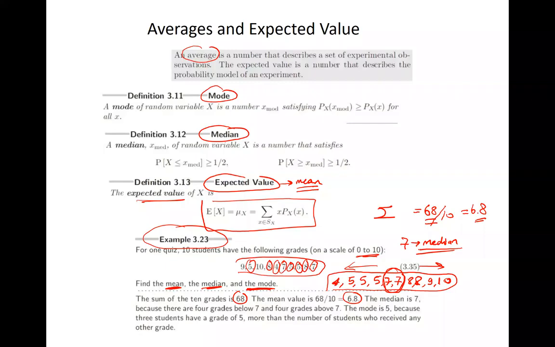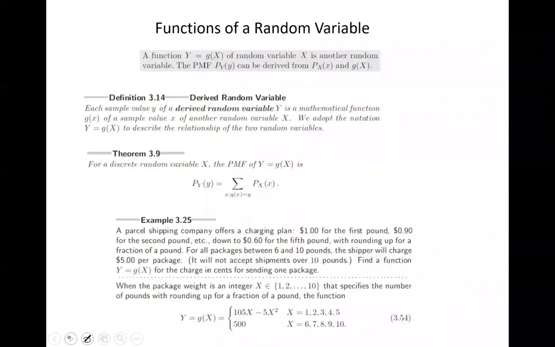Okay, next, mode. Here the mode is 5 because 3 students have a grade of 5. So simply we look at the grade where the highest number of students received this number. Here it's apparently 5 because 3 students received 5. Okay. Any question?